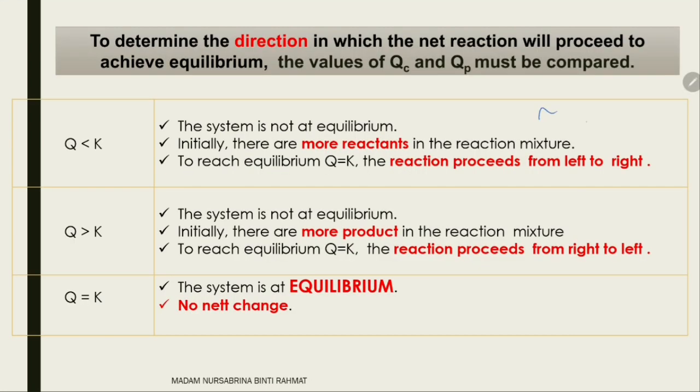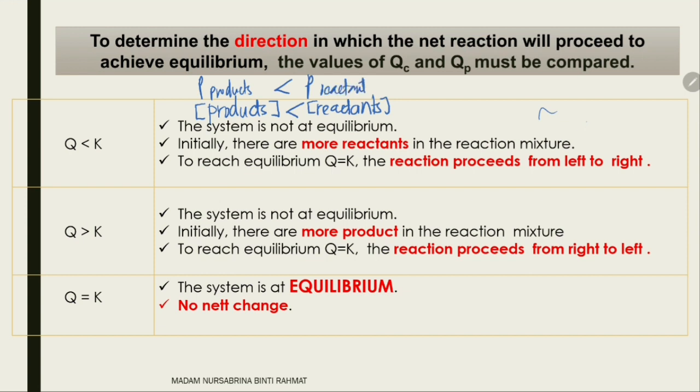There are three different cases for the Q value that you're going to compare with your K. The first one is when Q is less than K. When Q is less than K, the system has not yet established an equilibrium, and the concentration of products is less than the concentration of reactants, or the pressure of products is less than the pressure of reactants.